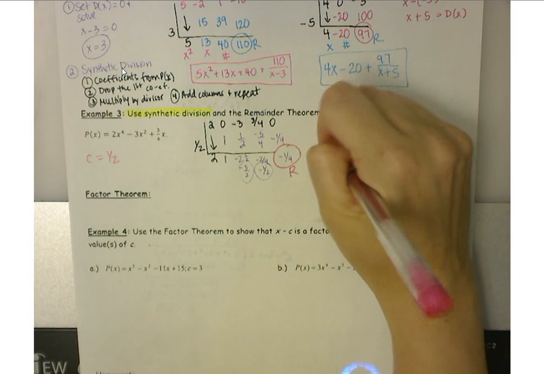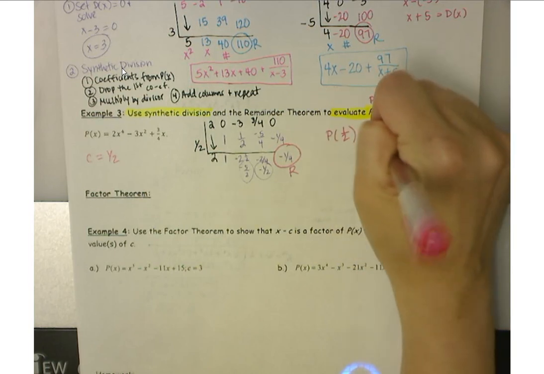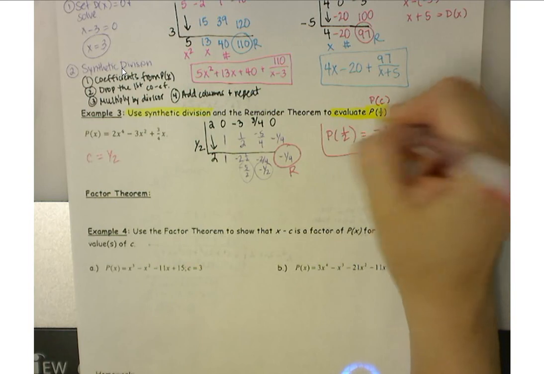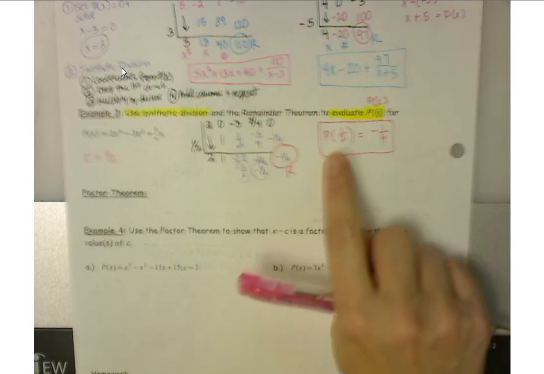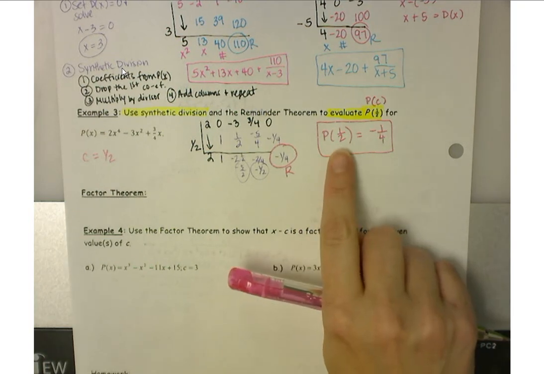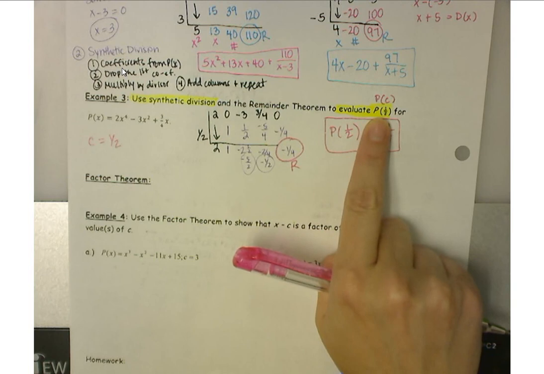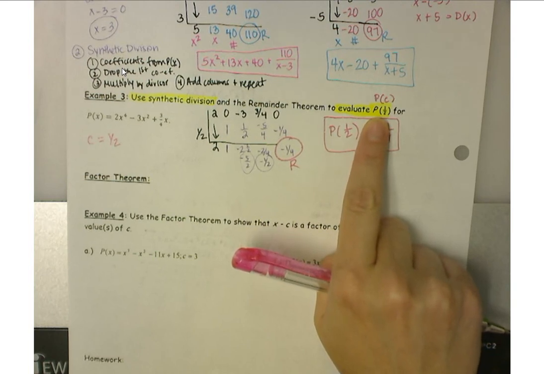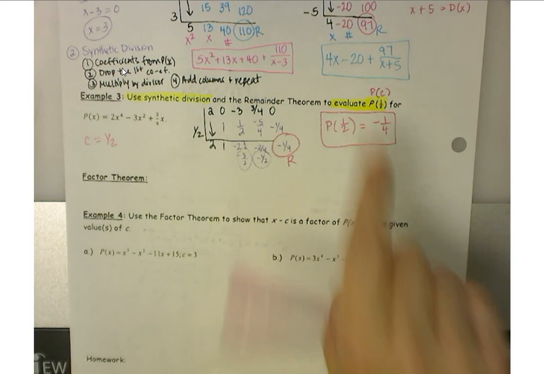Well, p of 1/2 is going to be equal to -1/4. How could I generalize that, though? How could I generalize for p of 1/2? P of 1/2 is what? Come on, guys. I mean, I have it written right above it. P of 1/2 is what? P of c. Okay, it's going to be your p of any constant term.